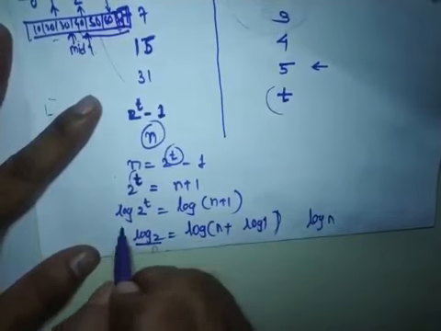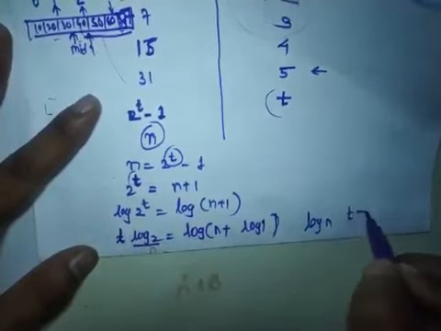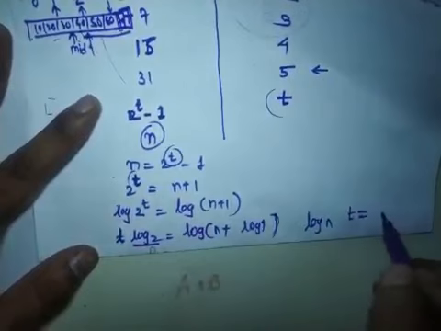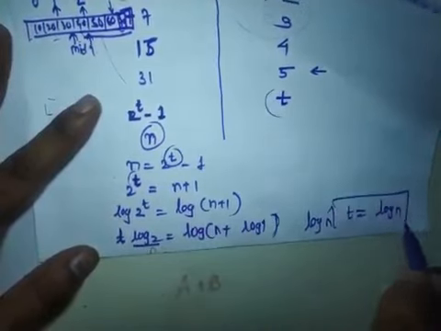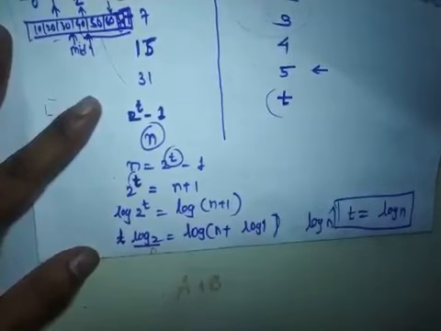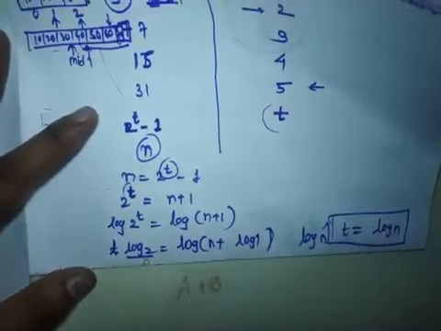So finally we get t is equal to log n. So this is the time complexity for the binary search technique.